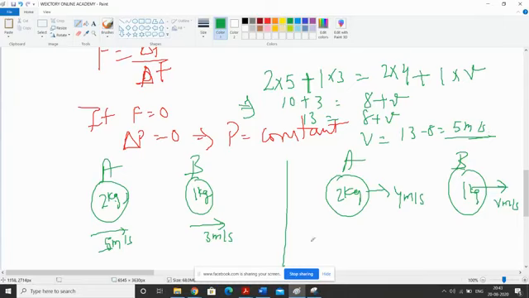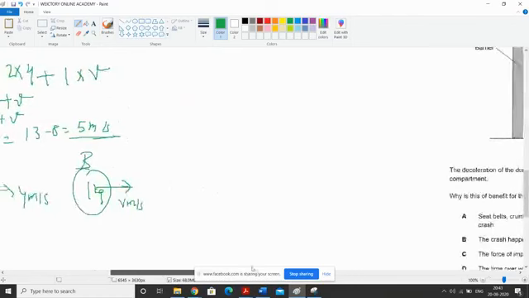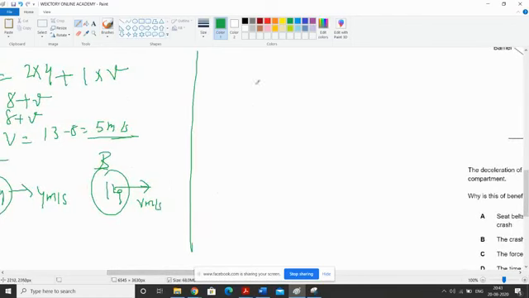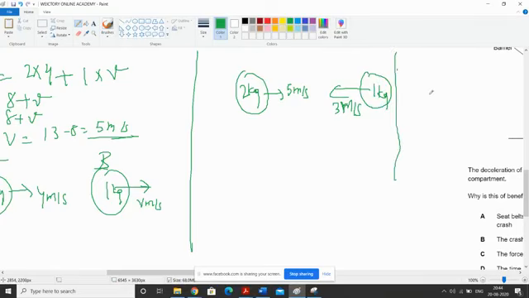But if this question comes in a different way, like let's say this is 2 kg, it is moving with 5 meter per second here, and another is moving this way, 3 meter per second. This is 1 kg. This is before collision, and after collision, the 2 kg moves with 3 meter per second, and we don't know where this 1 kg is moving.